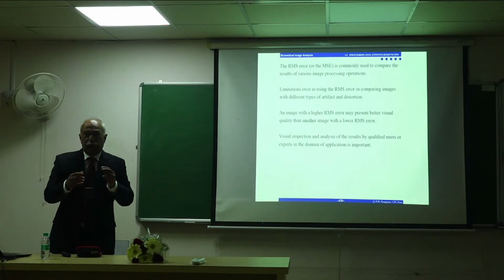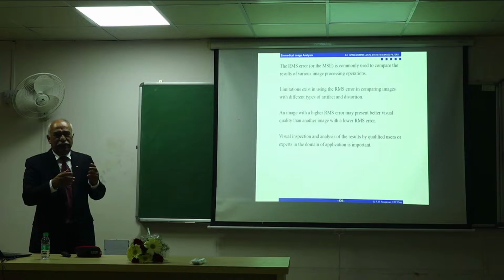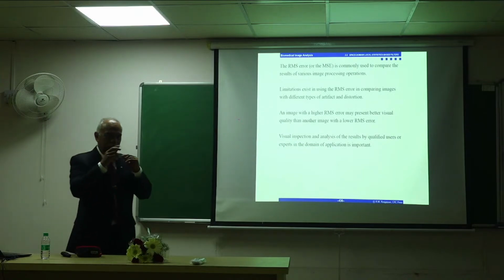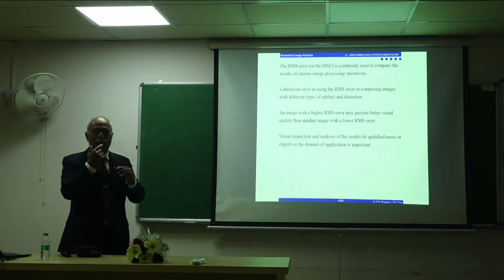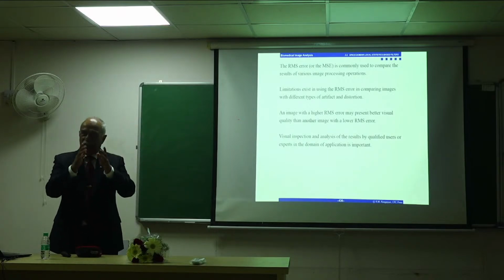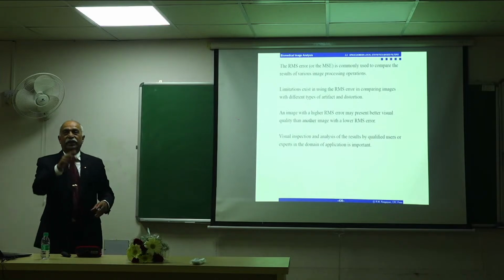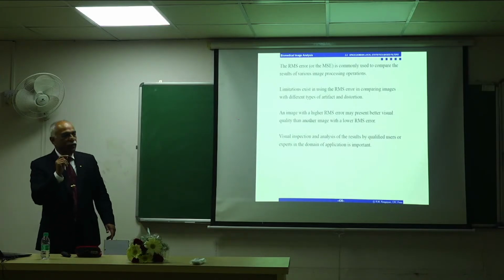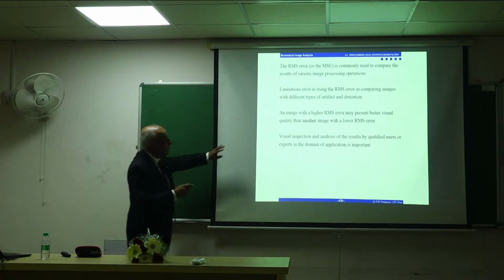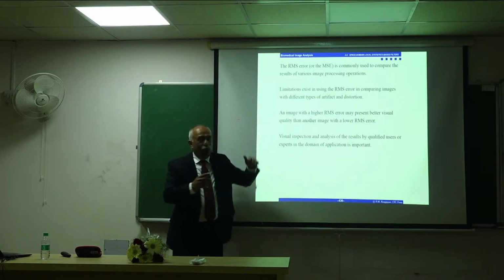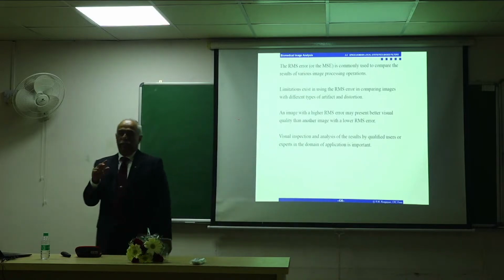Several studies have shown that RMS and mean squared errors don't really correlate well with human perception. The noise level could be high, but we may still be able to perceive the details and the sharpness of the objects. But if you blur the edges, then you may not like it, even if the RMS is low. So these measures of error and quality that I showed earlier may not always agree with human perception.